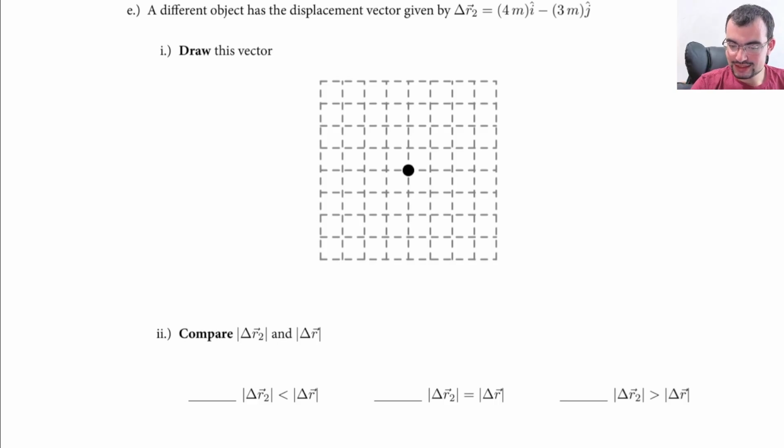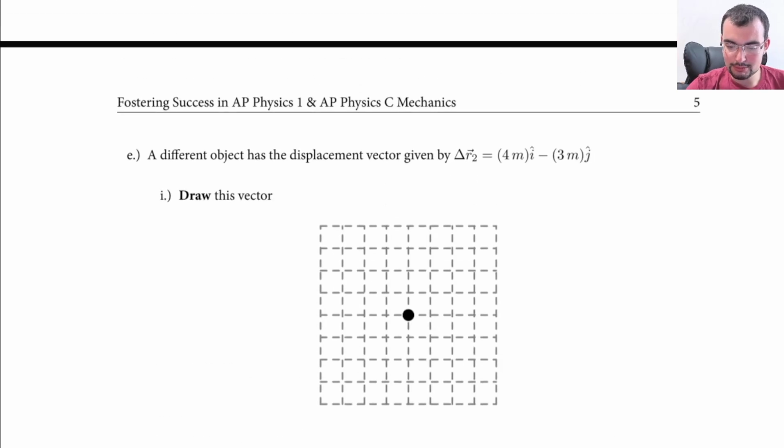So suppose instead we have this displacement, which is 4 meters i hat, and then minus 3 meters j hat. So negative in physics is almost always a direction indicator if it's a vector. Now, scalars can talk about going up or going down. But for vectors, anytime you see a negative sign, that's telling you some direction info.